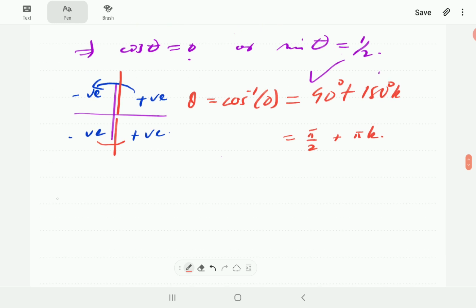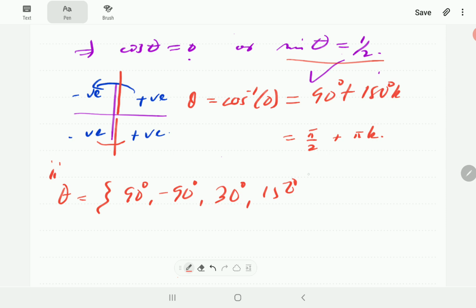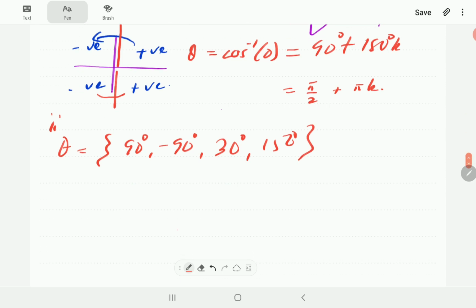So our solution for part 2, we are going to have 90, negative 90, and then for sine theta is half, you're going to remember we've got 30 and 150.